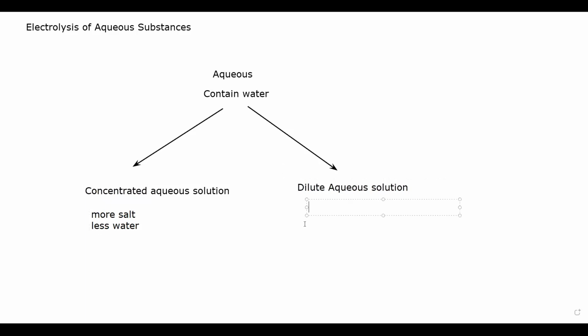But what is the meaning of dilute aqueous solution? Dilute aqueous solution means we have less salt and more water, or more water molecules. For example, if I have 100 molecules of sodium chloride and only 10 molecules of water, which kind of mixture is this?